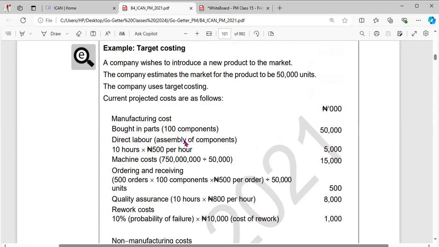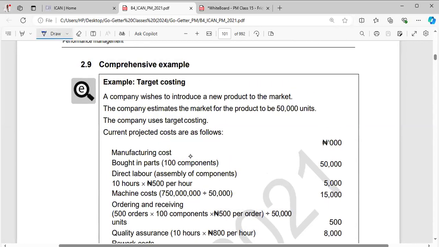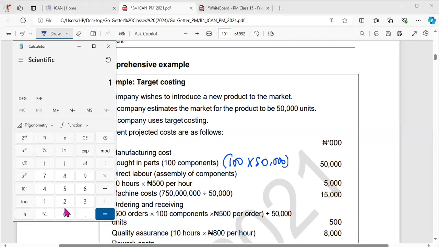And what they did here was 100 components multiplied by 50,000 units. 100 components multiplied by 50,000 gives me 5 million.